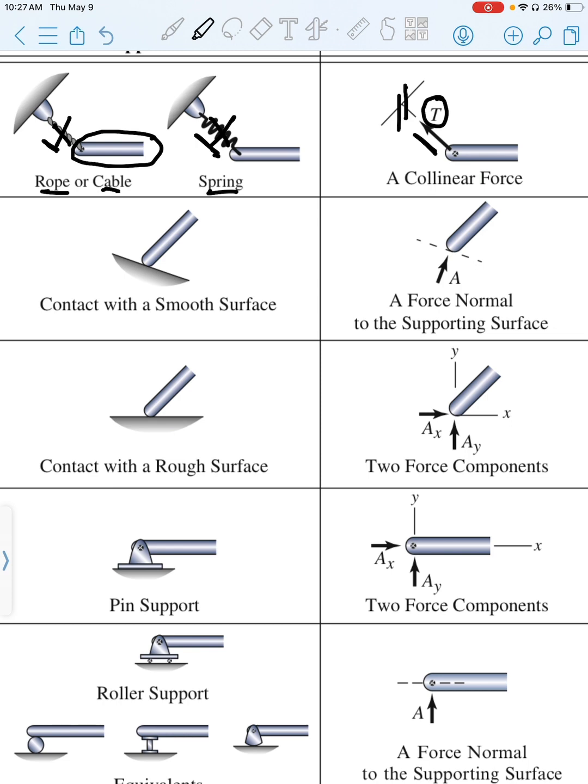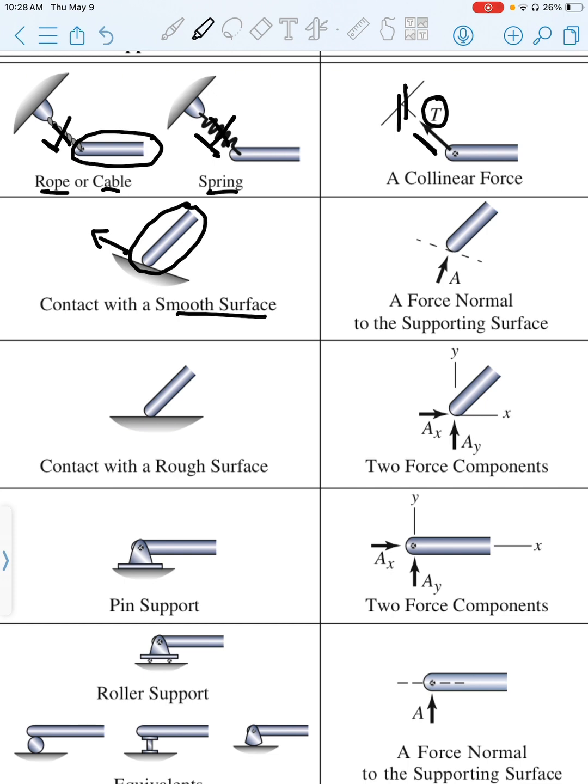Second one, we talked about it more in the last video. The smooth surface. Let's say the rod is on a smooth surface. From this shape of the rod, we can tell that the rod is falling down to the left. But this one is a smooth surface.